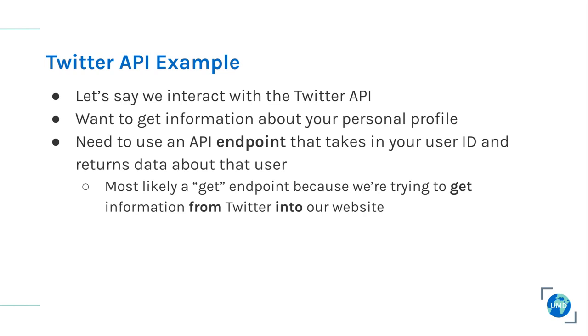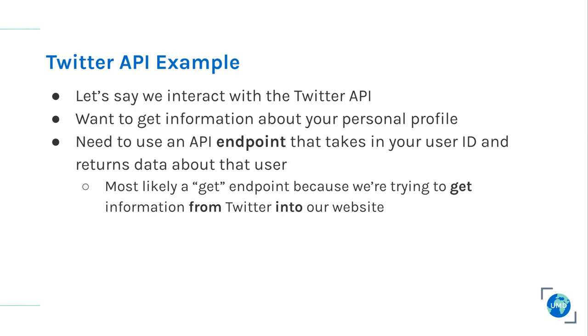So let's take an example of a Twitter API. Let's say you're interacting with the Twitter API for some reason, and you want to get information about a person's profile. In order to do that, you would need to use an API endpoint that takes in your user ID and then returns data about the user.